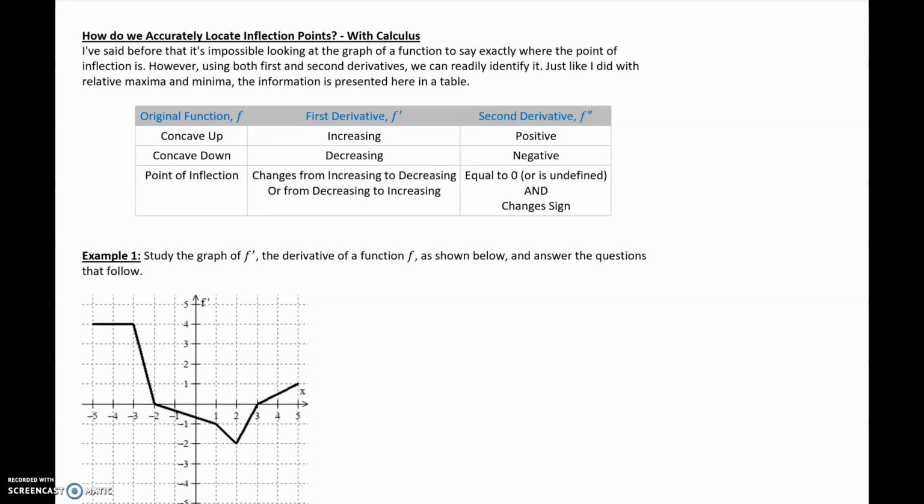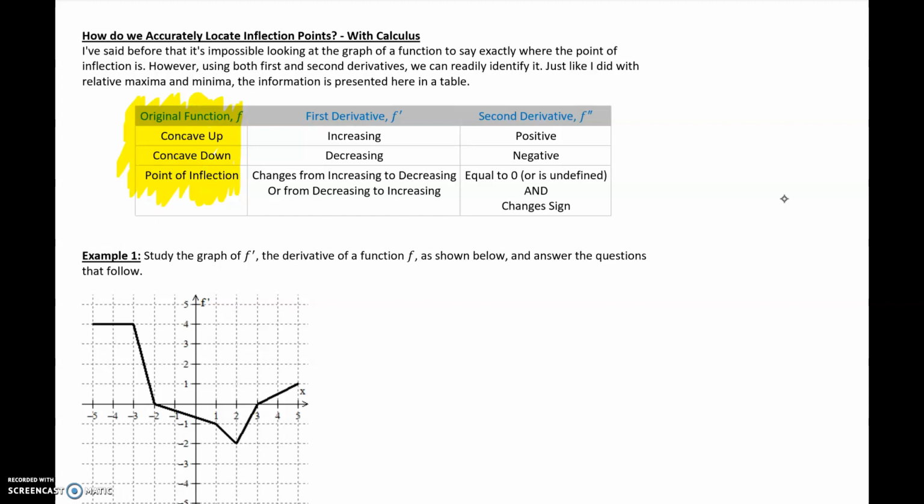Remember, the questions we're going to be asked are about the original function.